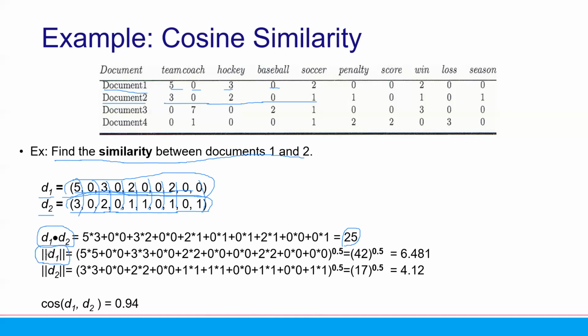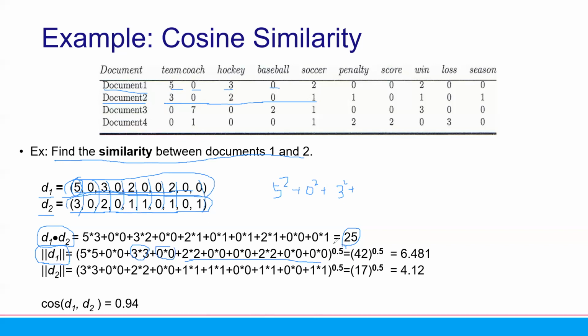So we want to measure the length. What is the length? The length is, yeah, we have this value. So we want to measure with its value. So we have 5 squared, or 5 multiplied by 5, plus 0 to the power of 2. Okay, so 3 to the power of 2. Yeah, so it's the same as this one, 3 multiplied by 3, and 0 multiplied by 0, and so on.